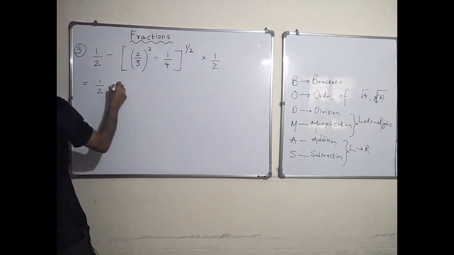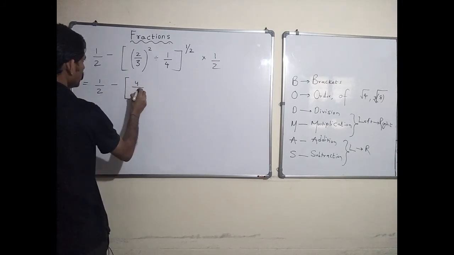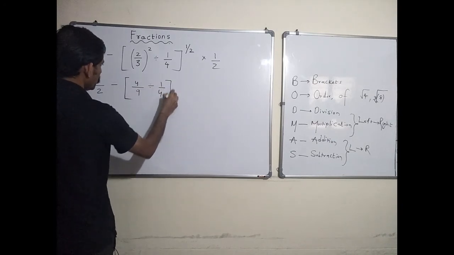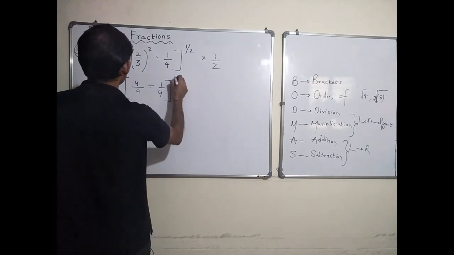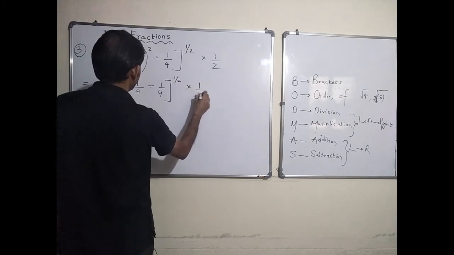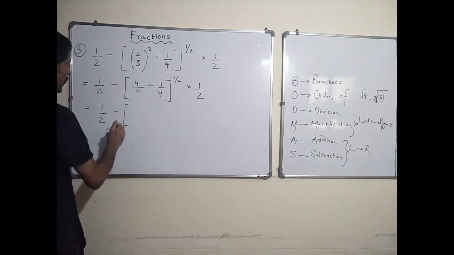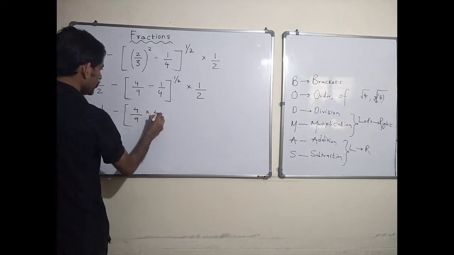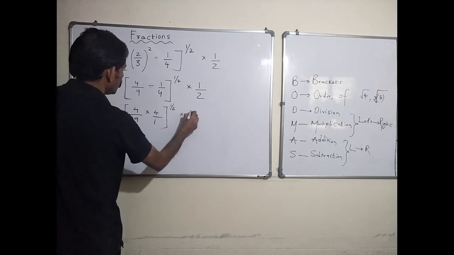So this becomes, can I solve this first? 4 by 9, is that right? Divided by 1 by 4, into half. So this becomes, I go inside the bracket, I reverse it, division becomes multiplication, this becomes 4 by 1 raised to half into half.